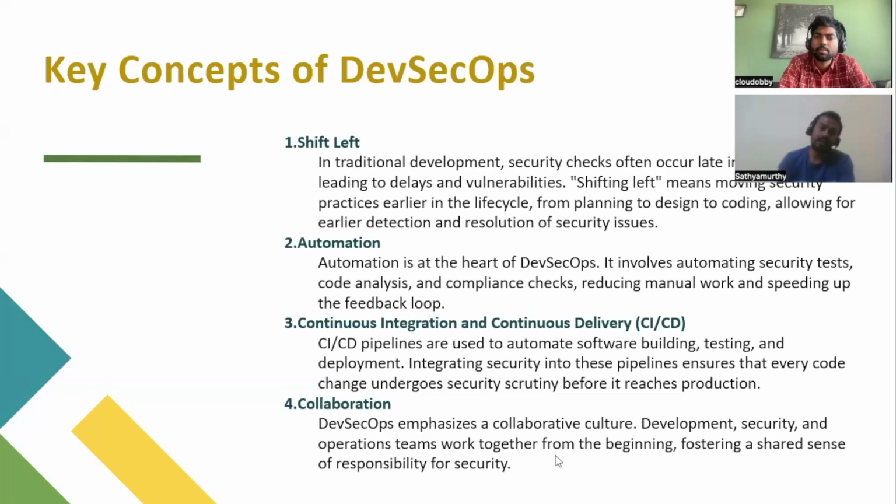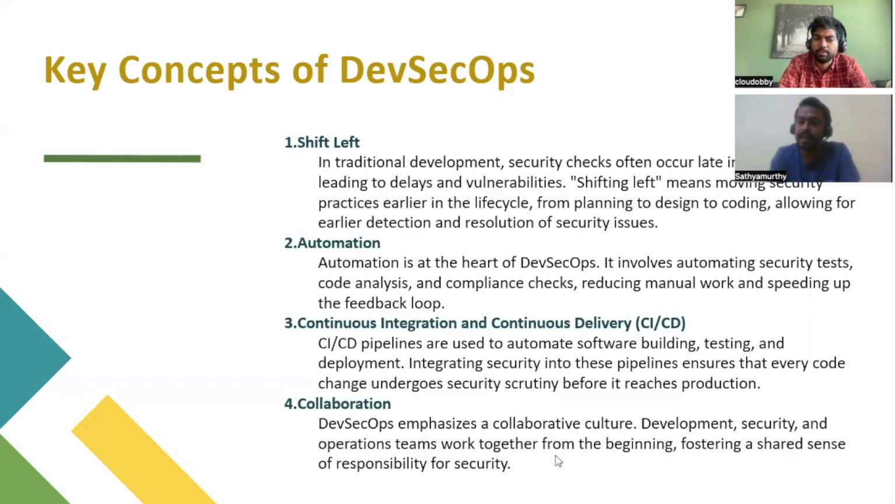Second point is automation. Automation is at the heart of DevSecOps. It involves automating security tests, code analysis, and compliance checks, reducing manual work and speeding up the feedback loop.